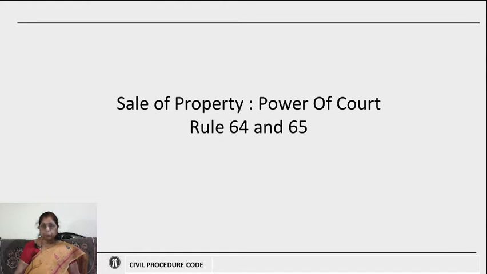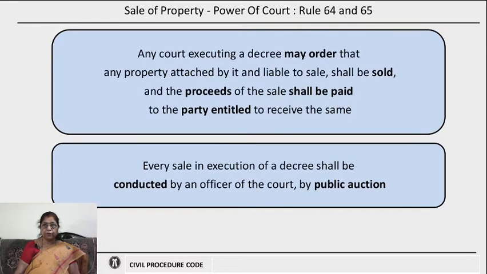We will be dealing with the general provisions relating to sale of property. Now, what is the power of court under Rules 64 and 65? It says that any court which is executing a decree may order that whichever property is attached by it and is liable to sale shall be sold, and the court can also order that the proceeds of the sale shall be paid to the party who is entitled to receive the same.